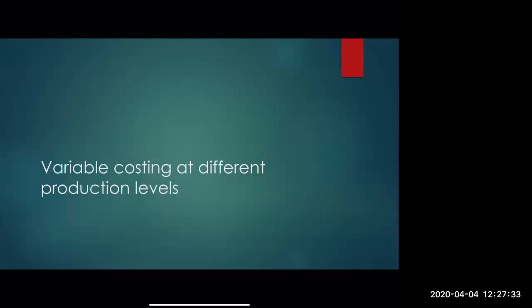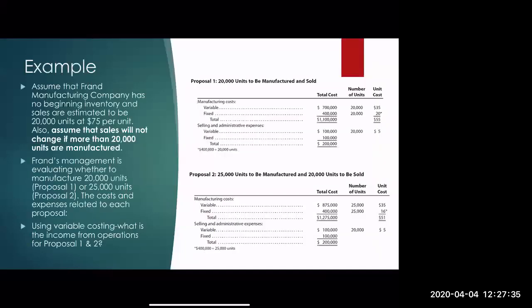So with variable costing at a different level of production, we're assuming the exact same information as before. Under proposal number 1, we made 20,000 units, and under proposal number 2, we made 25,000 units. Regardless of how many we sell, our level of sales will remain the same.